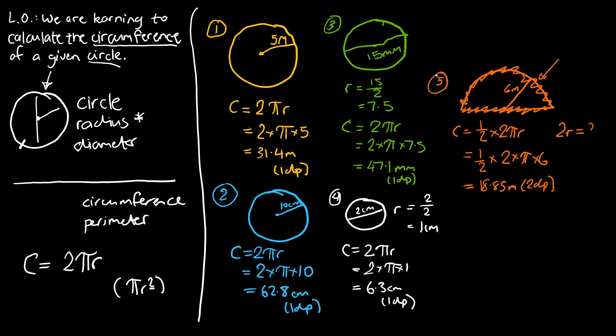So 2 times 6 gets us to 12 meters. And if you combine them together, the total is going to be equal to 18.85 plus 12, and that gets us to 30.85 meters, and I've rounded that to 2 decimal places.